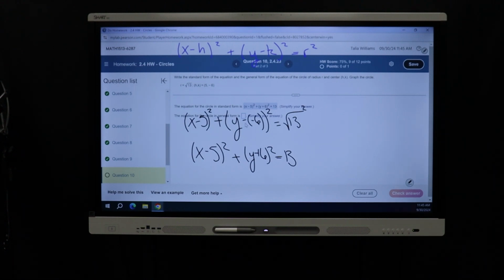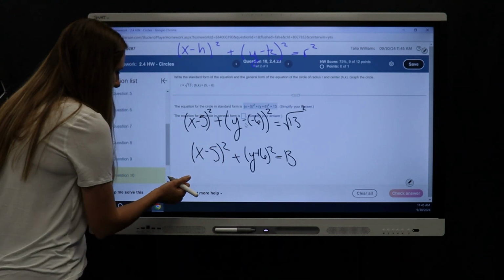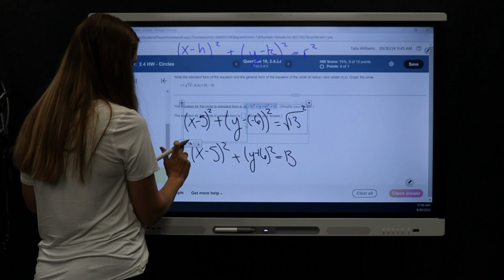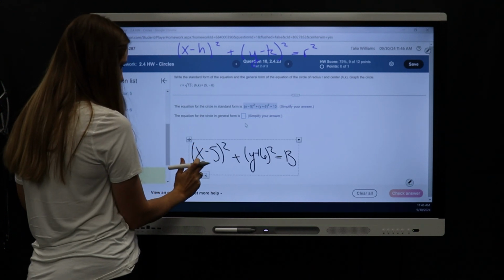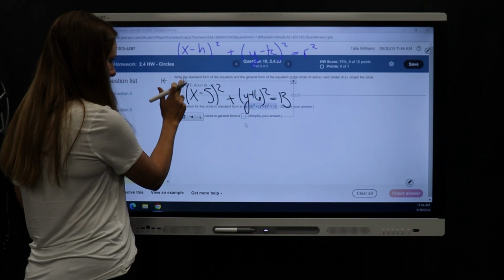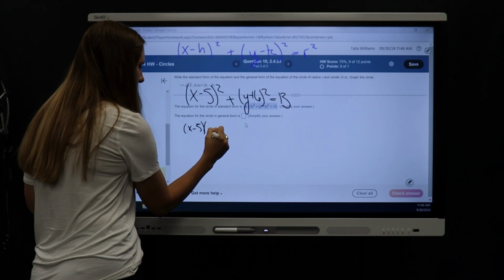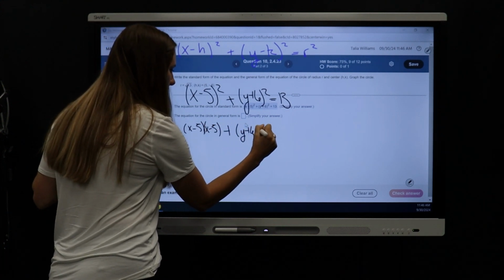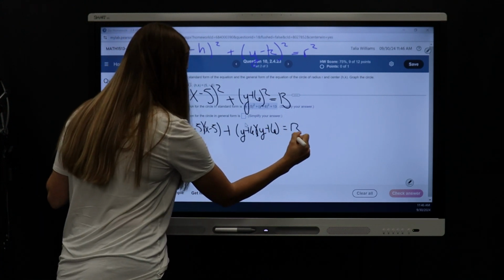In general form, of course you did that to us. But x minus 5 squared, let me get rid of this one. So we're going to have x minus 5 times x minus 5 plus y plus 6 times y plus 6 equals 13.